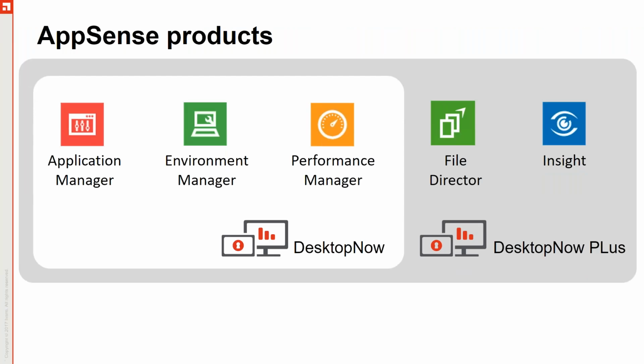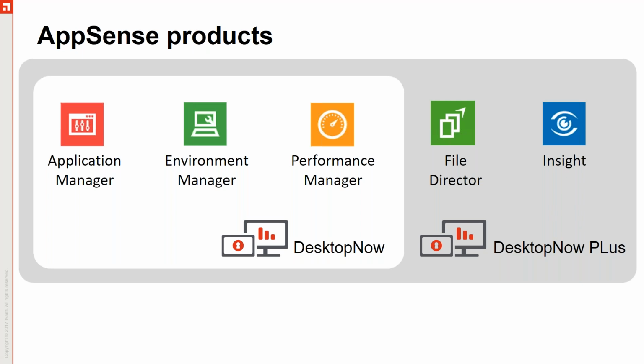So I think Pete did a good introduction, but let's just clear some things up because we've been through some name changes and it may be a little confusing to some people on the phone. For many, many years, AppSense had a suite of products called DesktopNow. And that suite of technologies contained Application Manager, Environment Manager, and Performance Manager. You could buy those three components separately.